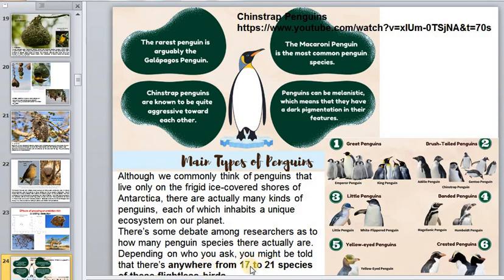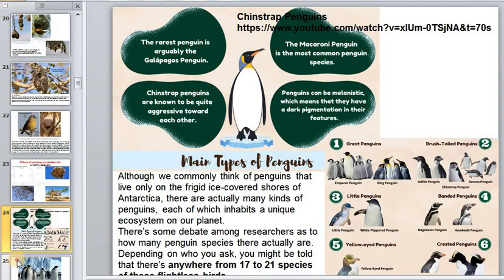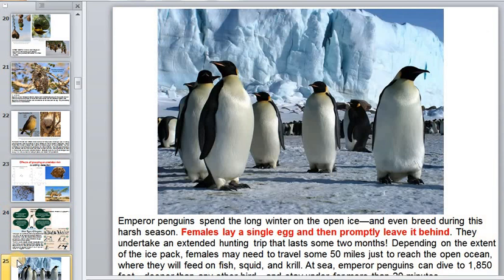There are about 21 species of these birds, but some penguins live in extremely cold areas.